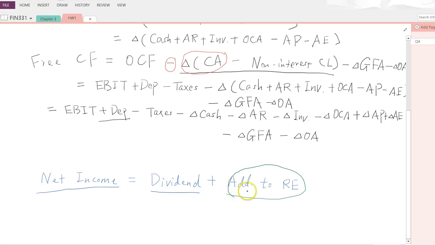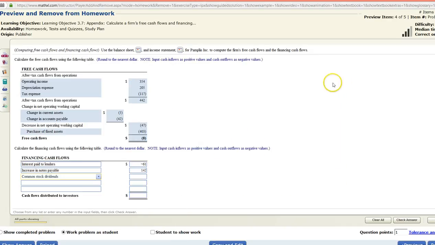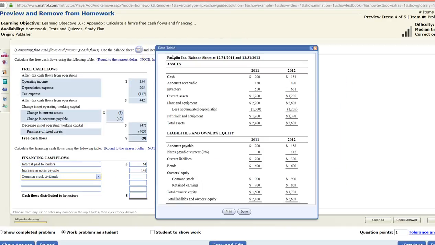So how can we figure out this addition to retained earnings? Why don't we use the balance sheet, right? One of the items on the balance sheet is the retained earnings. But remember, every number on our balance sheet is a cumulative number. That's why we said the balance sheet is a snapshot, right?